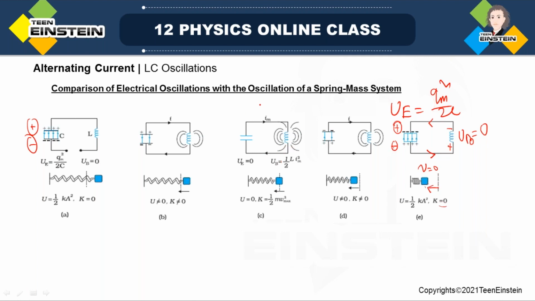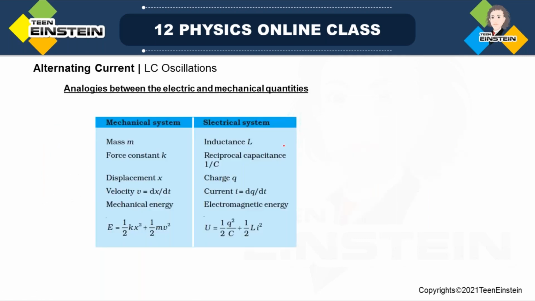So this is why it is called LC oscillation. So this is the whole thing about LC oscillations, and you can see both the charge and current oscillate in the circuit. Also the energy oscillates between magnetic energy and electrical energy. Okay, now we'll try to find out some analogy.